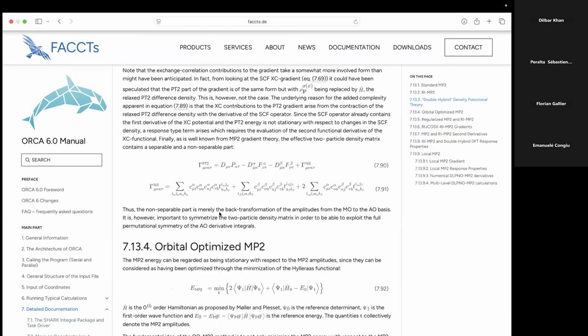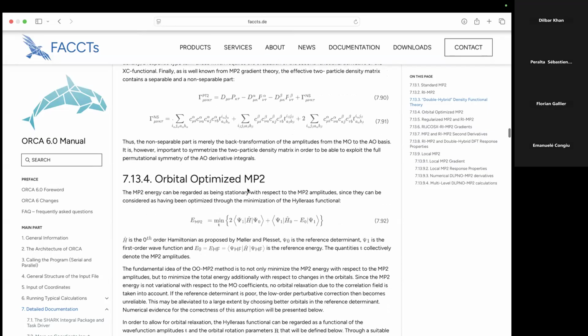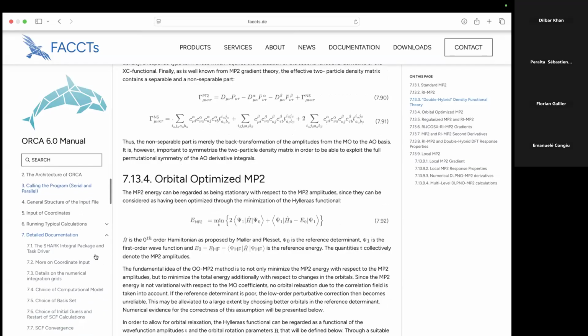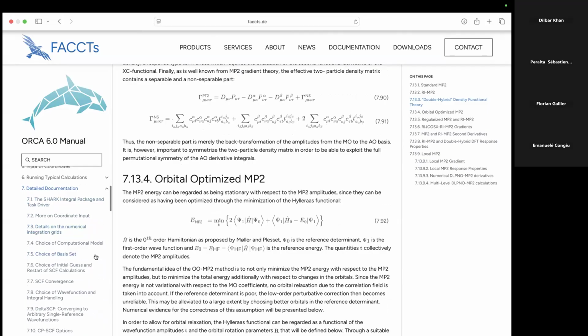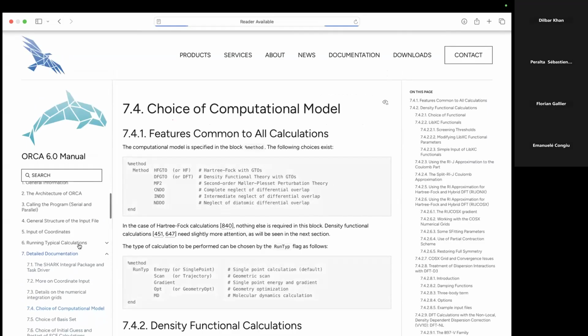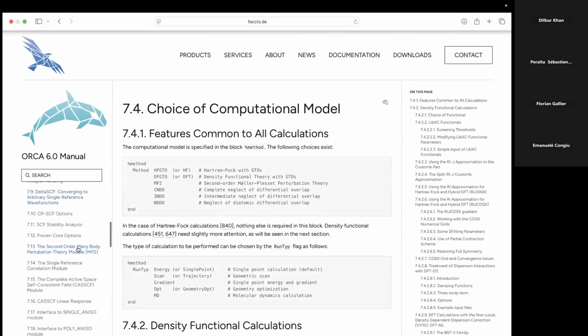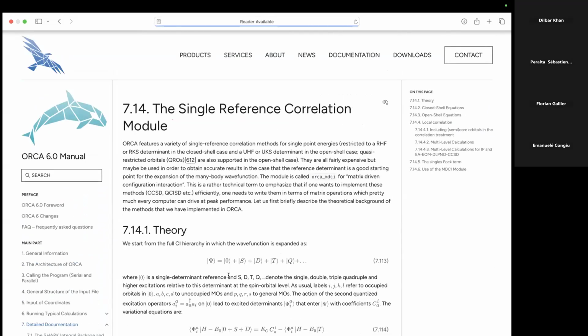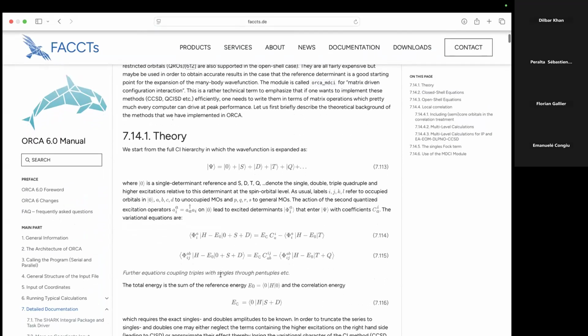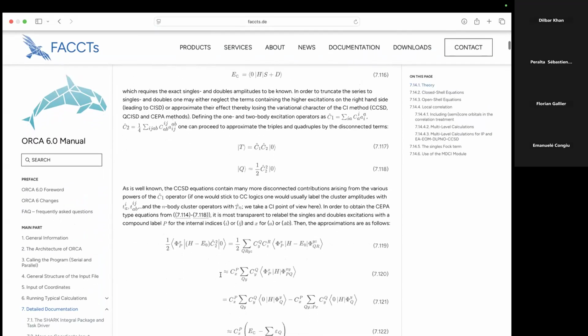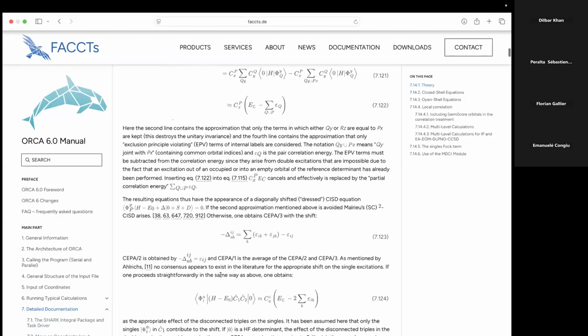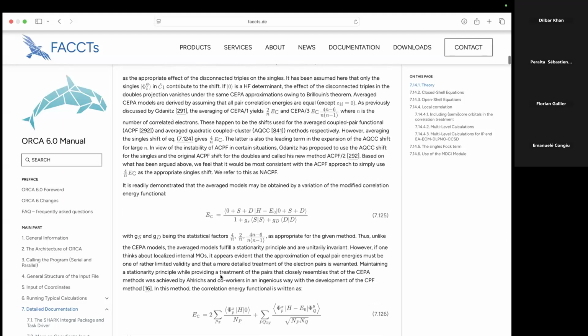If your molecular system is relatively small, you can go for MP2 methods, or even you can go for even higher methods. So these are the single reference methods. These methods can be applied for only small molecular systems. But in the tutorial, there are many examples you can, of course, try by yourself.